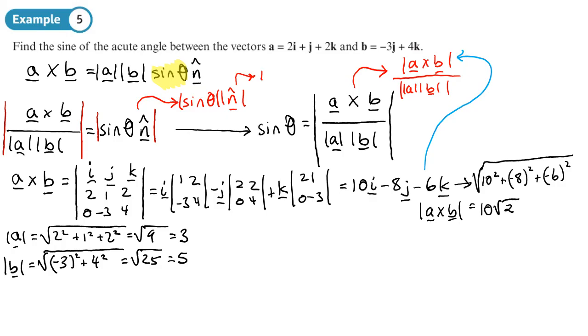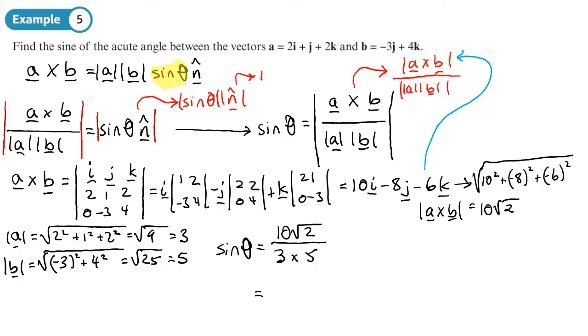So now the sine of the angle between them is going to be the length of the cross product, so that's 10 root 2 over the length of A, 3, times by 5. Let's see if my calculator simplifies that.